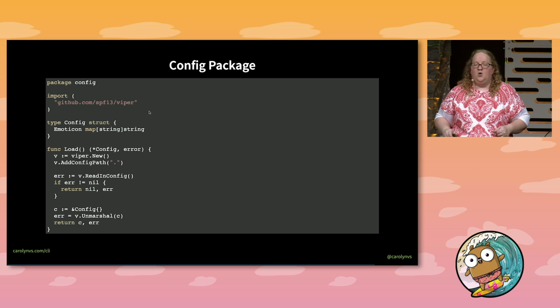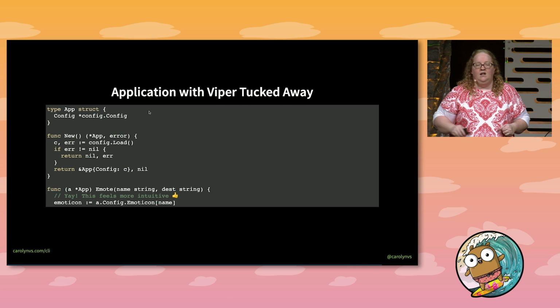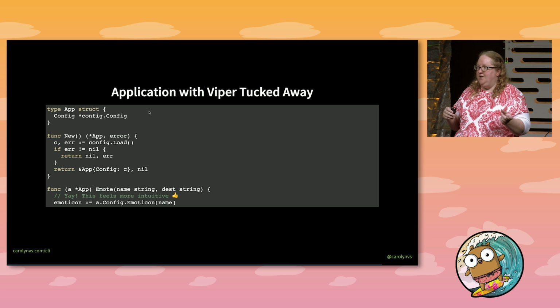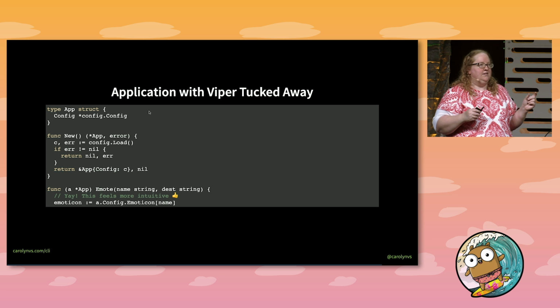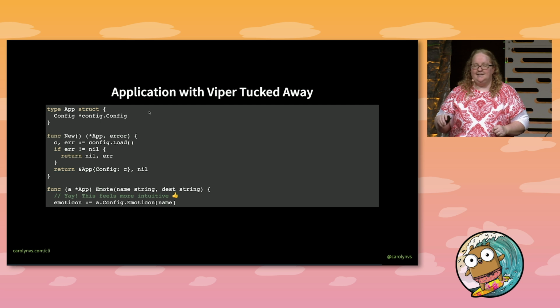Viper's out of the equation at that point. So now my application takes in a config, loads it up, and just saves that struct and works with it. This is nice, because in my app code I'm just working with that struct, and it feels very normal and natural, as Go feels.